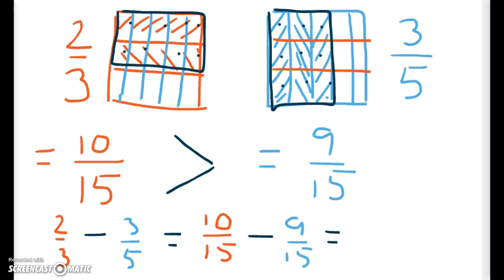And the difference is 1/15. And if we marked off all 9 pieces, I think you would see that there is one left over here and the others all would be removed.